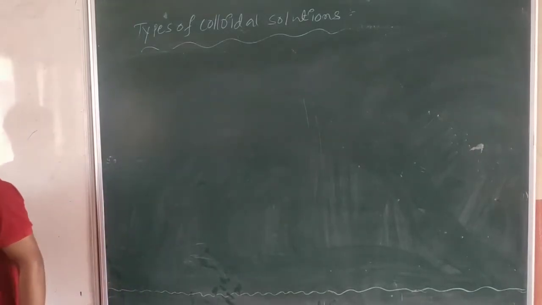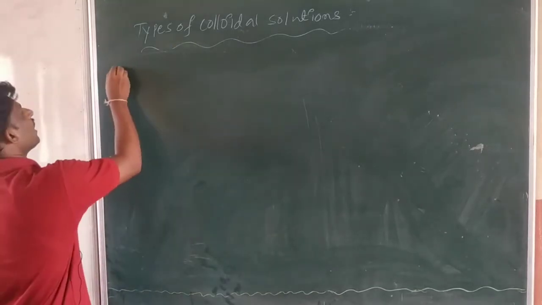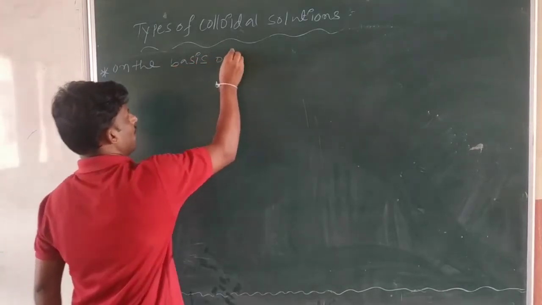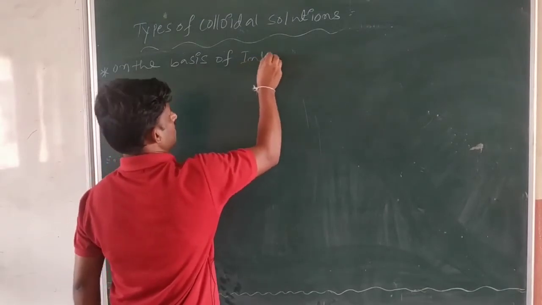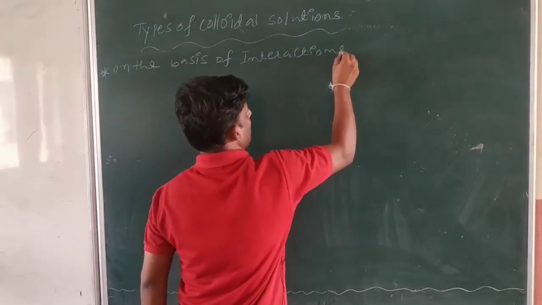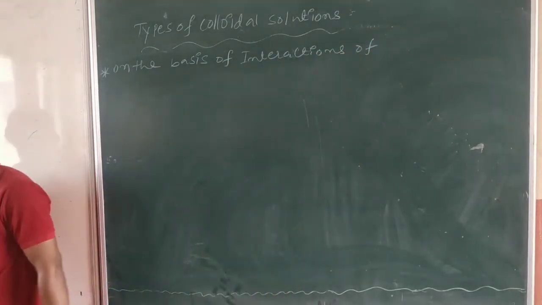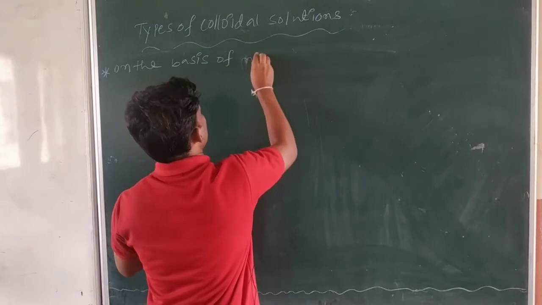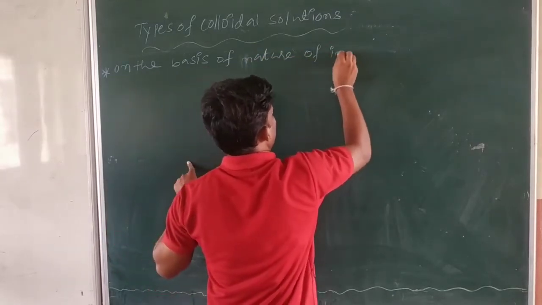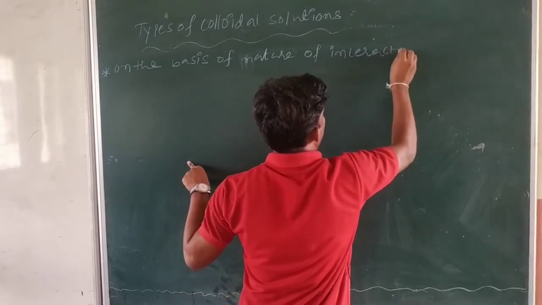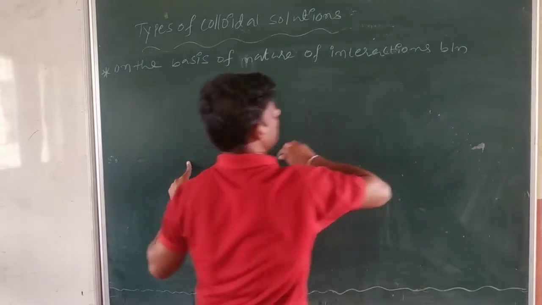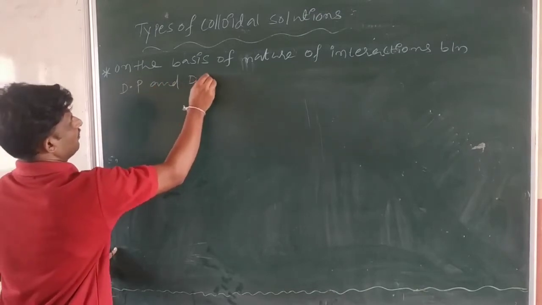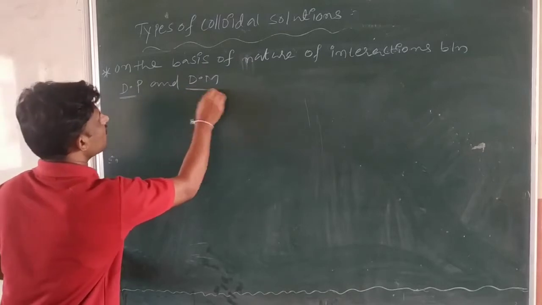These are on the basis of nature of interactions between dispersed phase and dispersion medium, DP and DM. DP means dispersed phase, DM means dispersion medium.